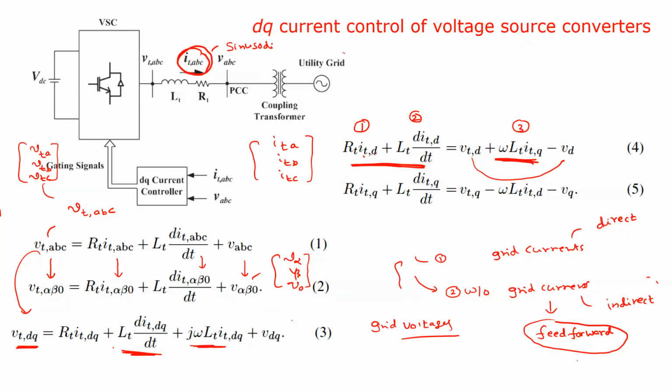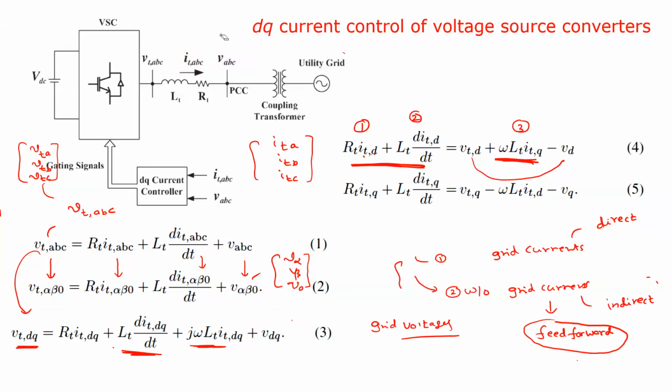If it is a unity power factor operation, then the inverter currents and the grid voltage in A phase, for example, both must be in phase, so that we can say it is operating at unity power factor. In other words, the reactive power is 0. Those things are satisfied. With satisfying all those things, we need to obtain the modulating signal.